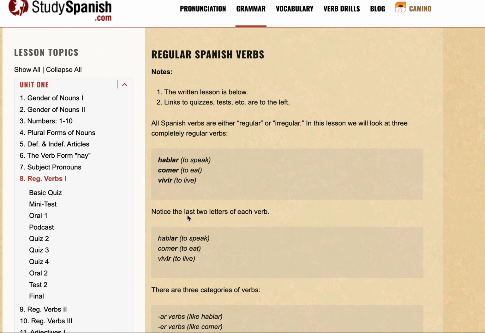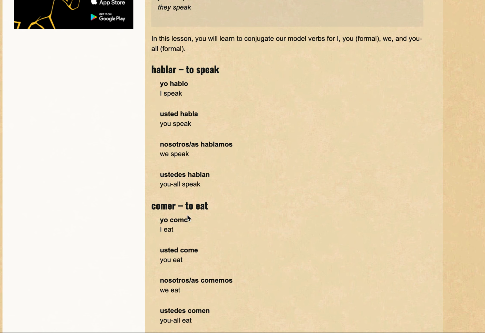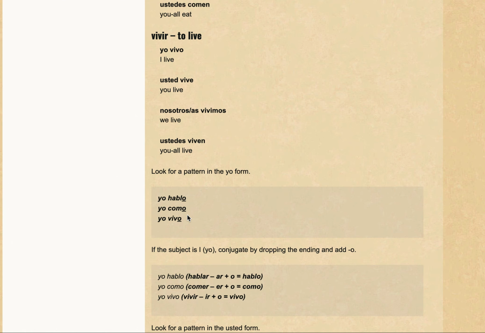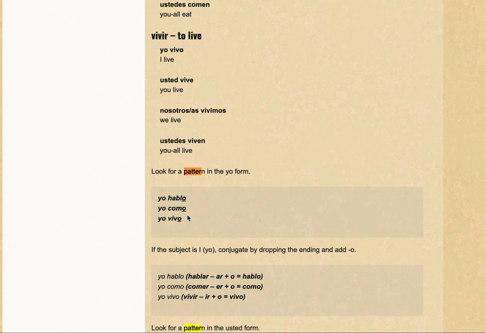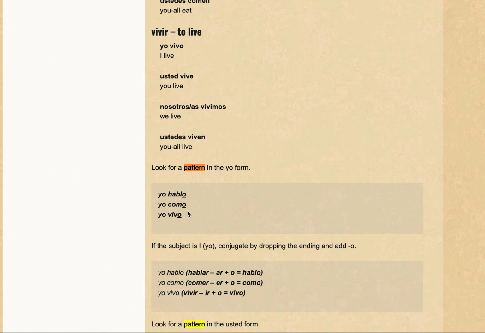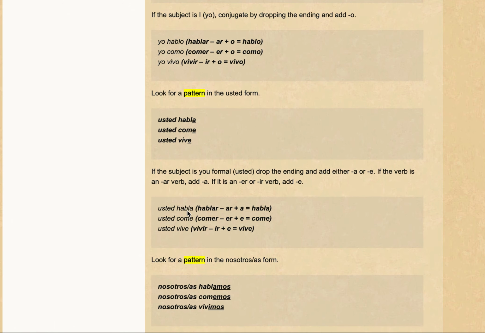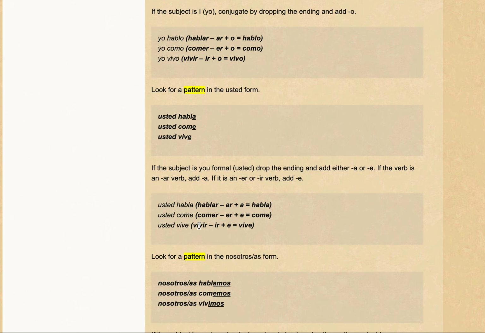So in this case, it would be usted habla, usted come, usted vive. Again, we can verify this. So yo hablo, usted habla, usted come, usted vive.